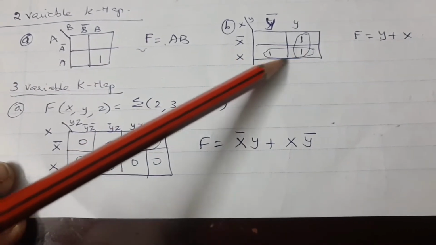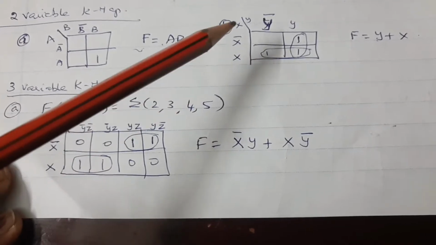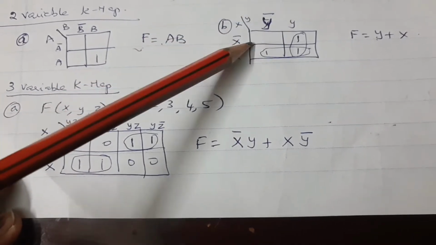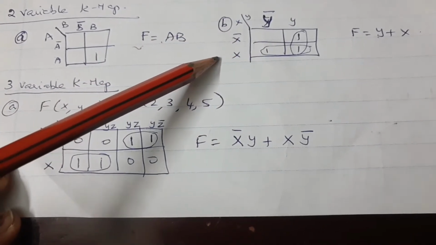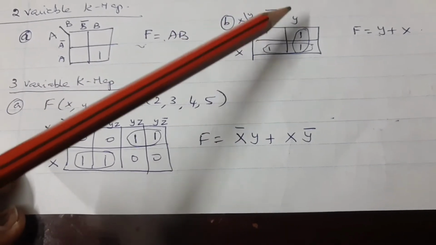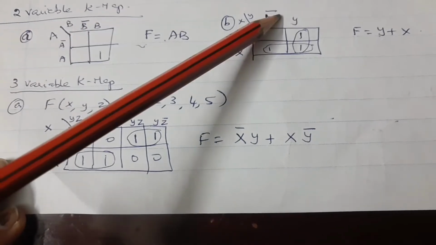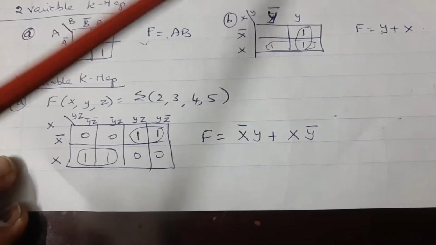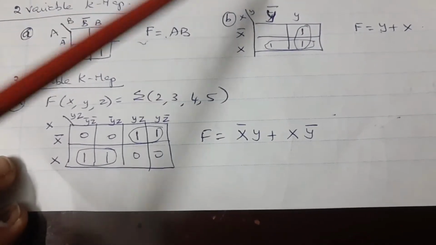However many combinations you make, that many equations will arise. If you take this value, you have to find out the row side and column side. What is the row side? X. What is the column side? You see, you have y bar and y. If the variable is changing, you need not write that variable.